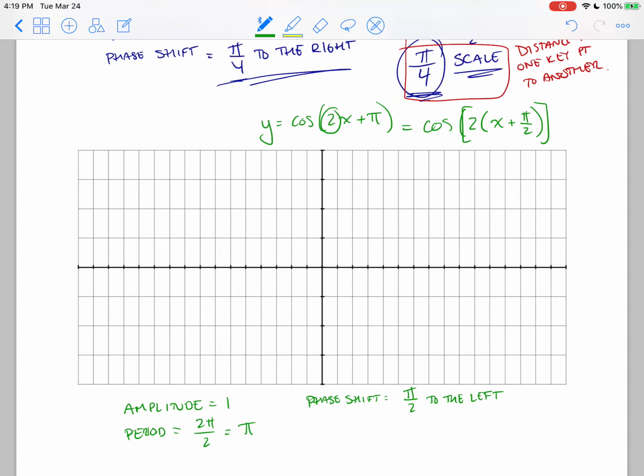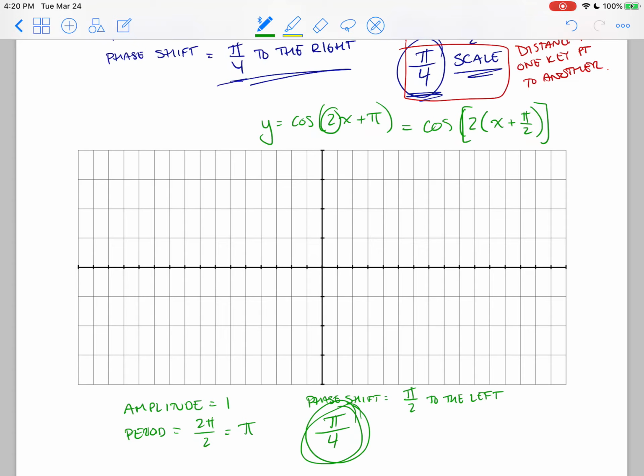And since my period is pi and we want to find a good scale, the distance between my key points is going to be pi over 4. Since my phase shift is pi over 2, which is a multiple of pi over 4, 2 pi over 4 is pi over 2, and so pi over 4 sounds like a really good scale.